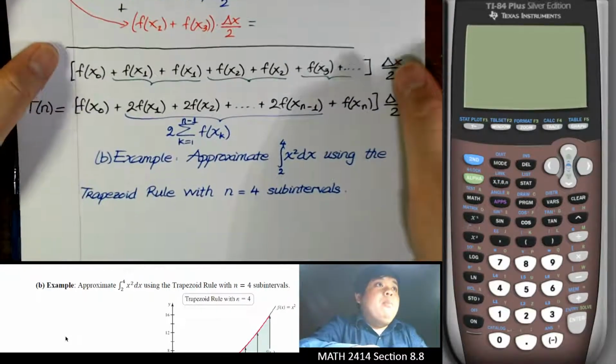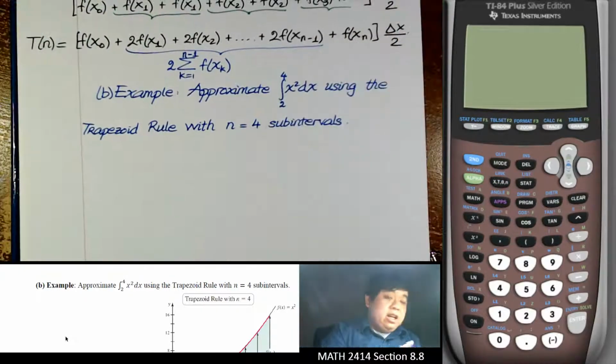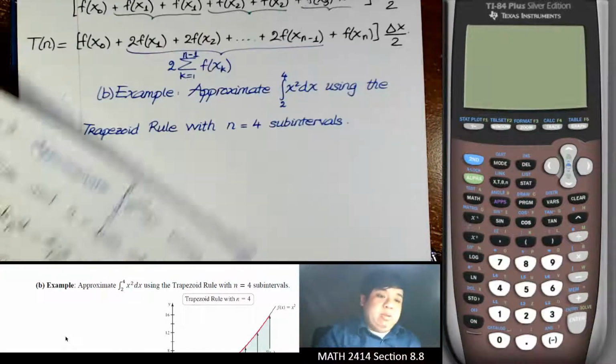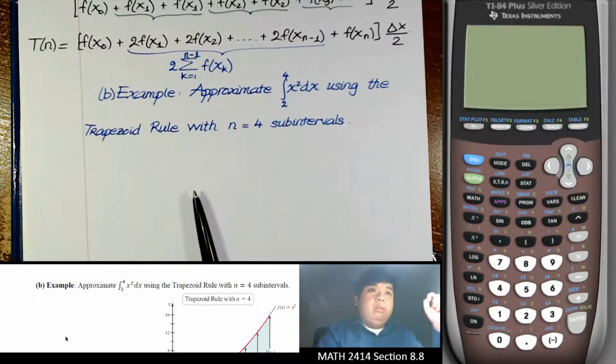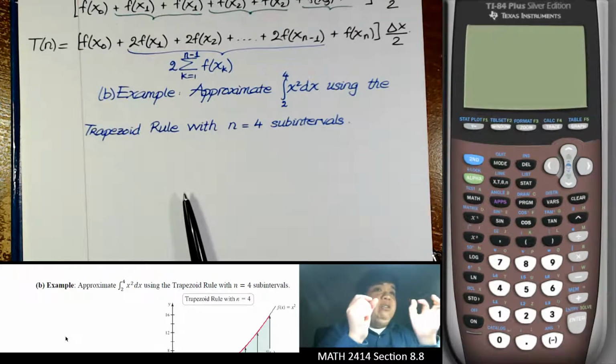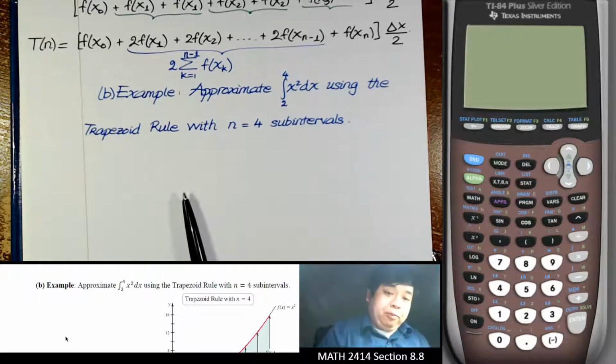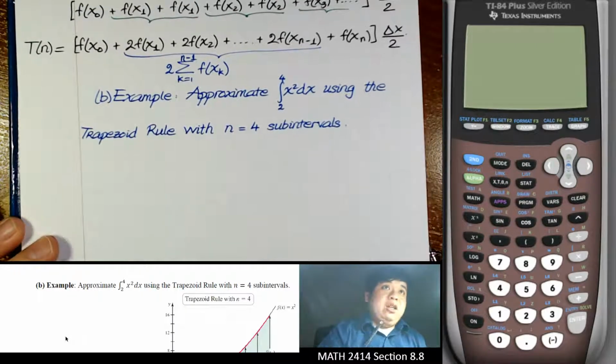Like I said, most of this problem we will do by hand rather than using the summation formula like we had before, because I just want the concept. Remember, the idea here is 1 from the beginning, 1 at the end, everything in the middle there are 2 of them, and then delta x divided by 2.